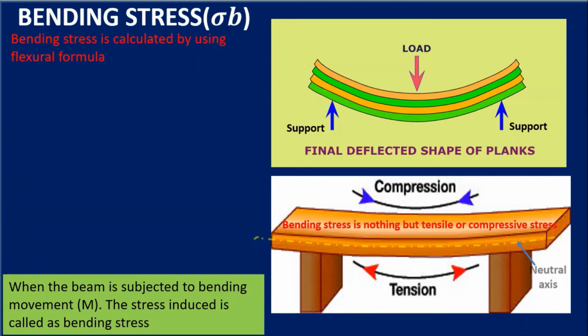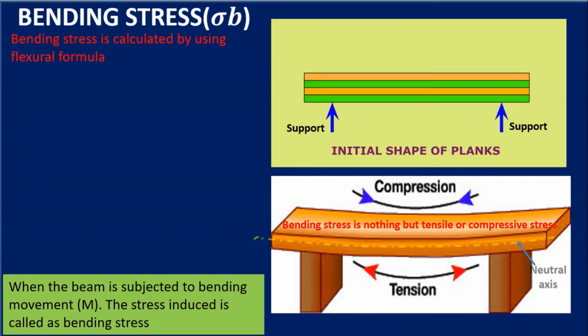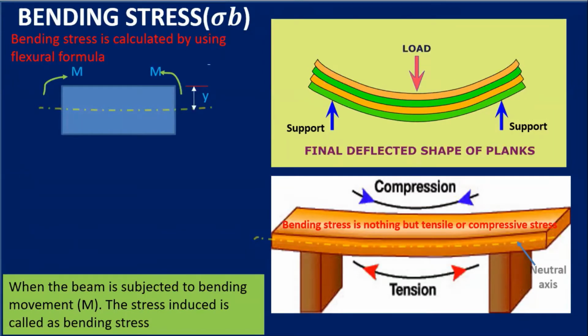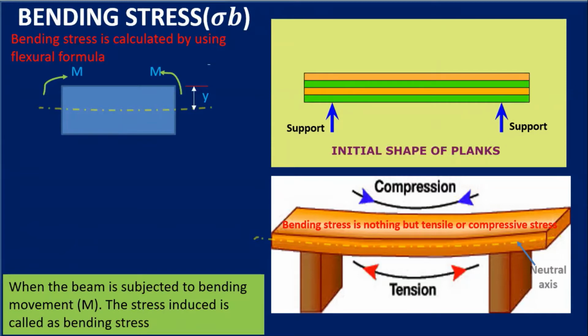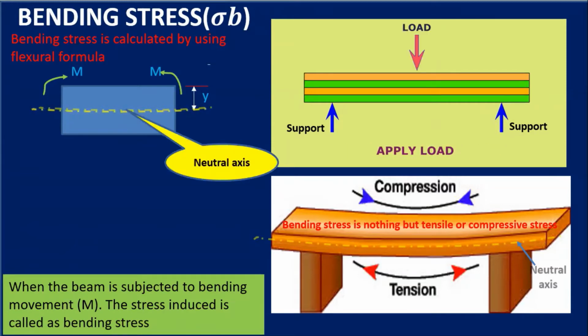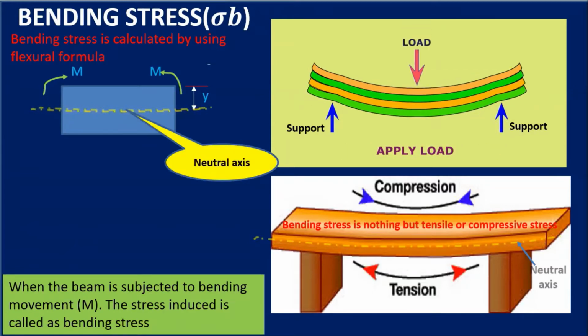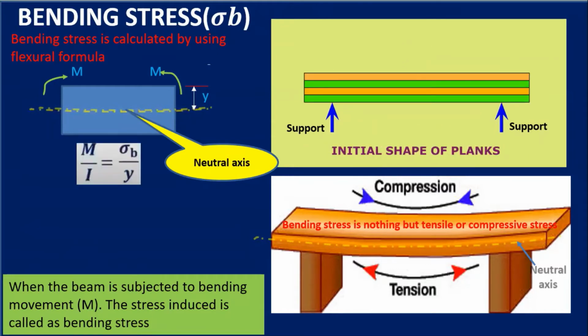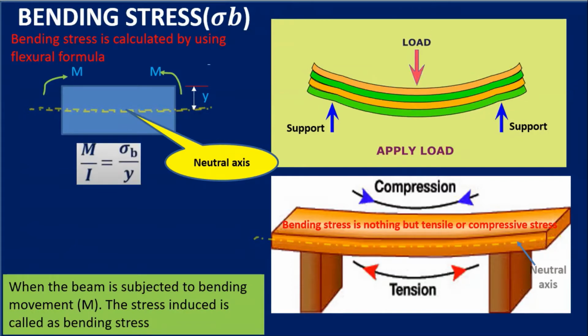Now, the bending stress is calculated by using the flexural formula. You can see from this diagram, I have shown that component and the neutral axis with a yellow colored line. So it is given by M by I is equal to sigma b upon y.